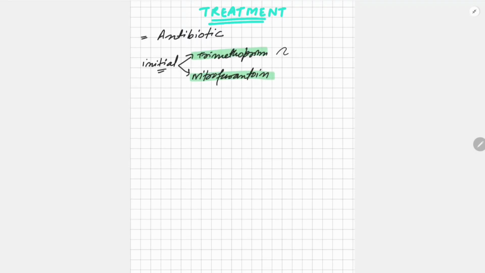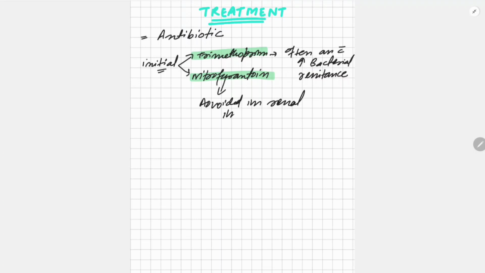But this trimethoprim is often associated with increased bacterial resistance, and the nitrofurantoin is avoided in renal impairment patients.